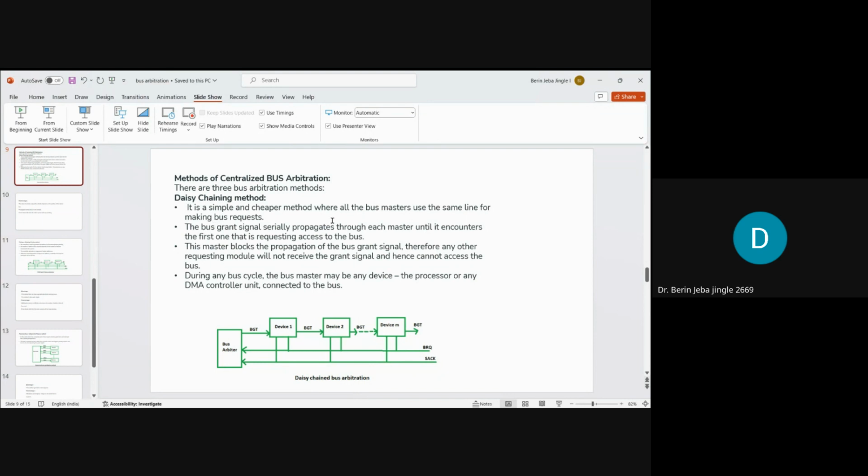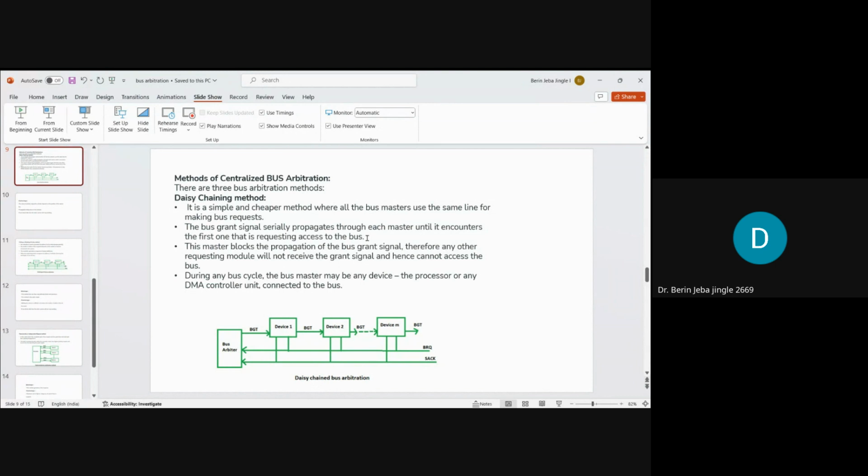The bus arbiter analyzes all the requests and finds out which request came first. That device can use the bus first.